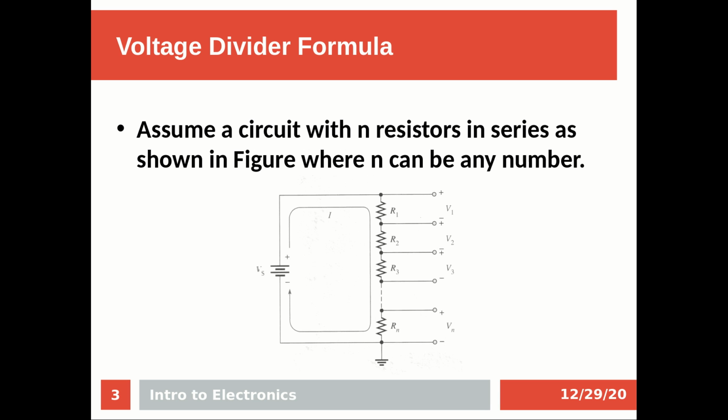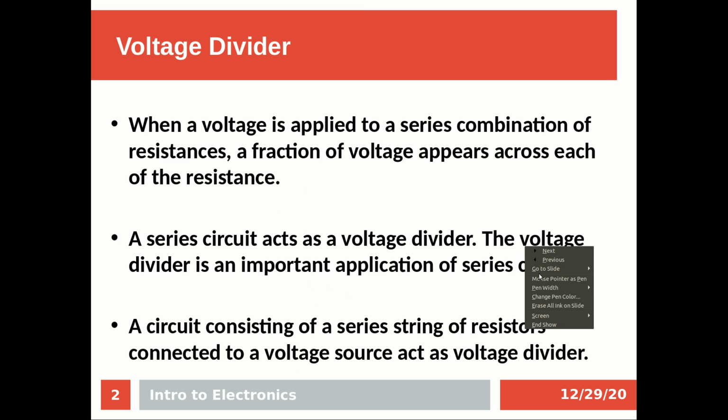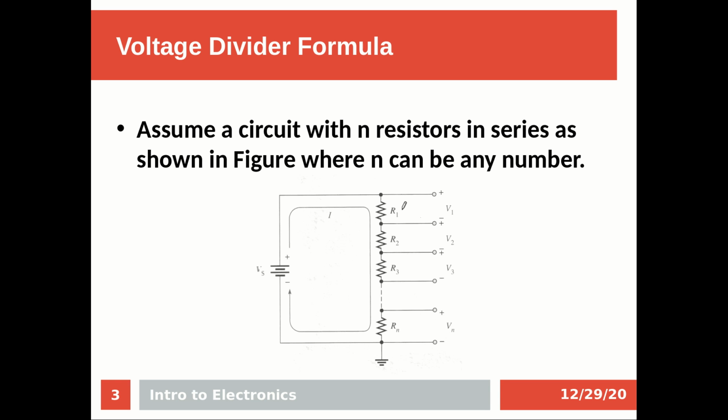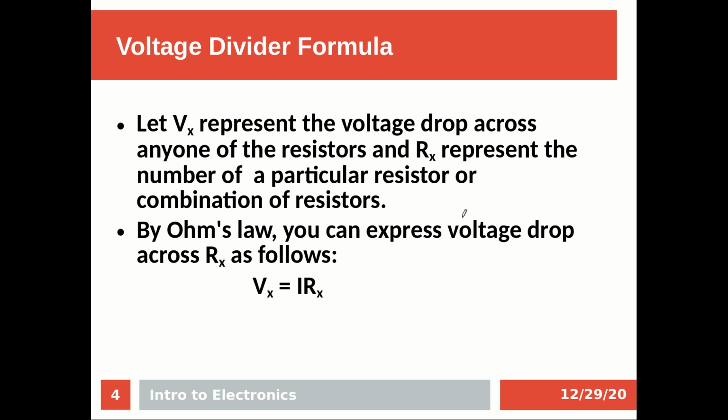We use the same equation as we used before, but in a different way. Let's see. Here we have a voltage source and different resistors, R1, R2, R3, R4, and each one sees a different voltage.